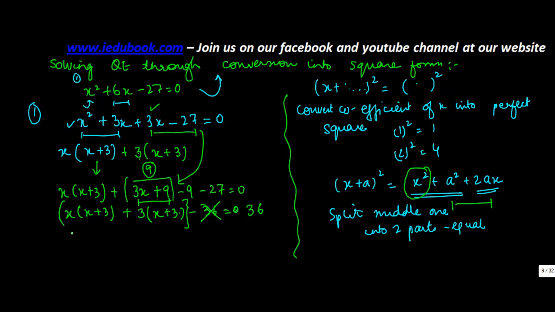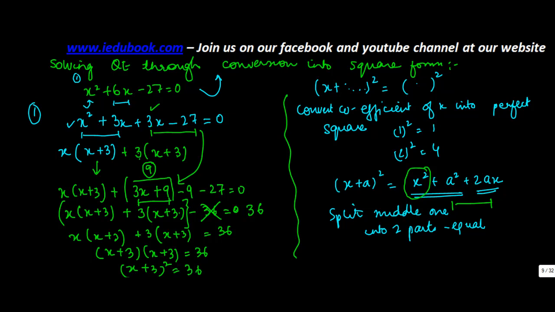So what you are left with on this side is x into x plus 3 plus 3 into x plus 3 is equal to 36. Or you write this as x plus 3 into x plus 3 is equal to 36, or simply x plus 3 whole square is equal to 36, is equal to 6 square.